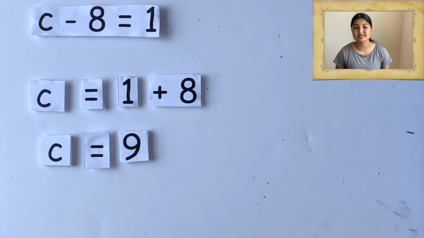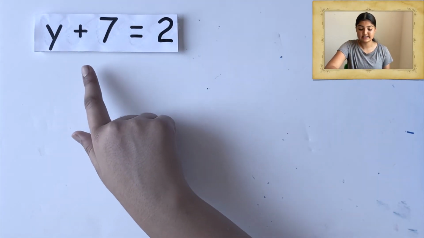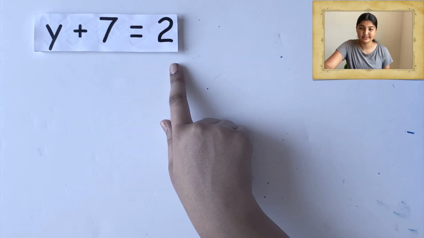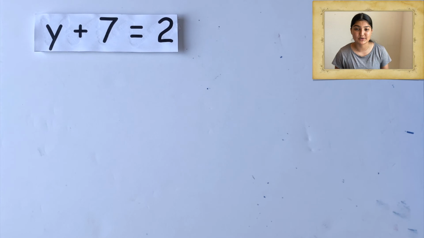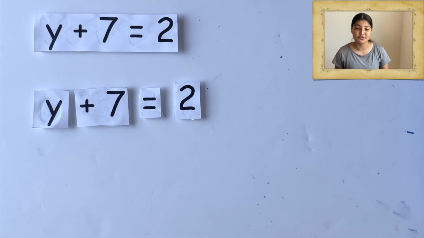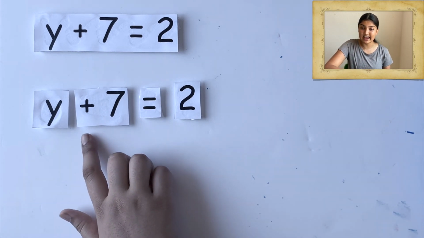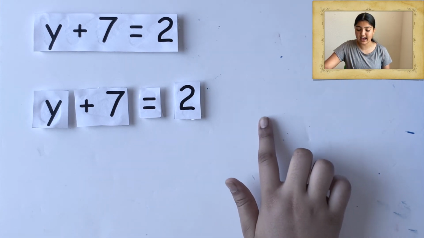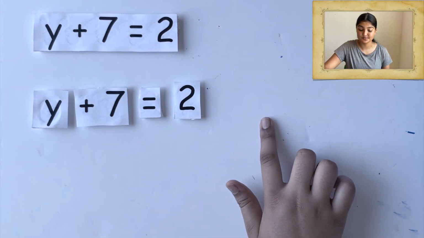Now let's look at something a little different. y plus 7 is equal to 2. Let's solve this equation. But first, let's write it again. In order to solve, we need to take positive 7 to the other side of the equal sign.